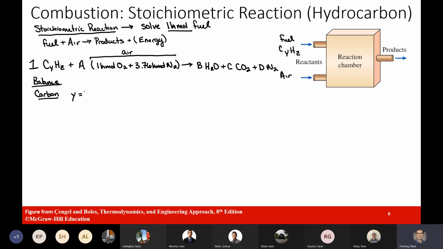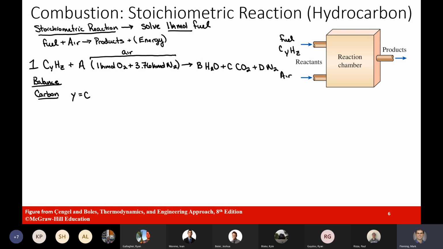That has to equal the right-hand side of the equation. On the right-hand side, the only place that we have carbon is in carbon dioxide, which has 1 carbon atom times C. So Y has to equal C. What's really cool to note is that the amount of carbon dioxide molecules that we're going to generate is purely dependent on the number of carbon atoms that we have in our fuel.